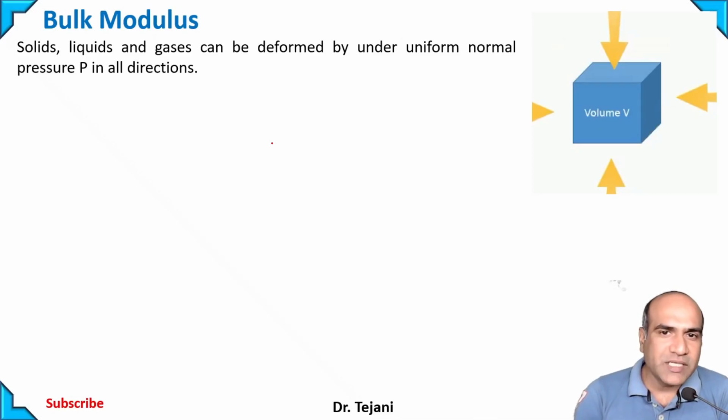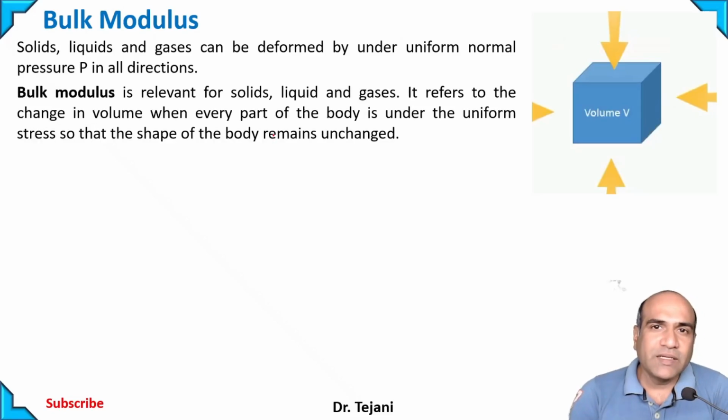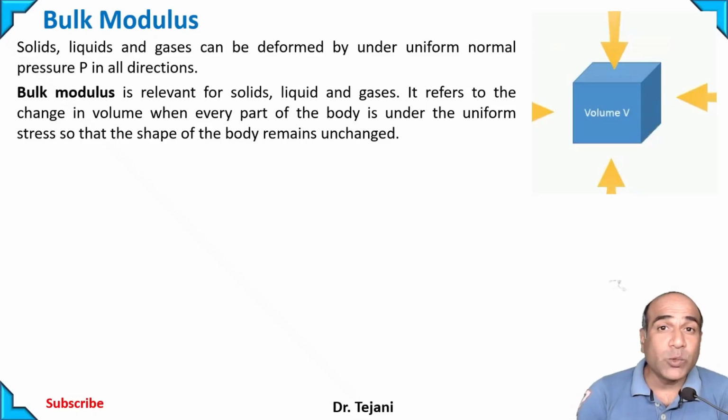So when a body is deformed by some uniform pressure from all directions, one property we have to consider is the bulk modulus. It is relevant for solids, liquids, and gases, and it refers to the change in volume when every part of the body is under uniform stress, so that the shape of the body remains unchanged.